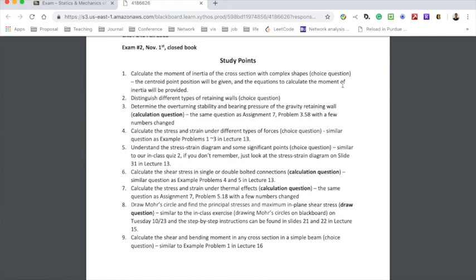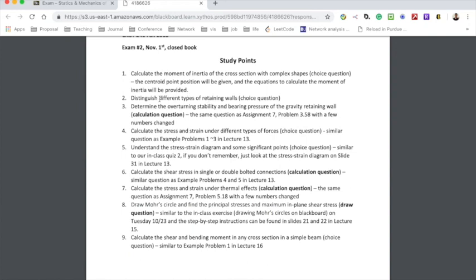So you need to make sure you know how to use this equation and put the correct numbers into this equation to calculate the moment of inertia along the x-axis or y-axis.